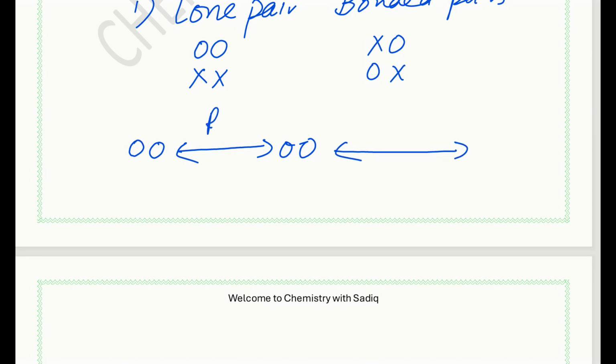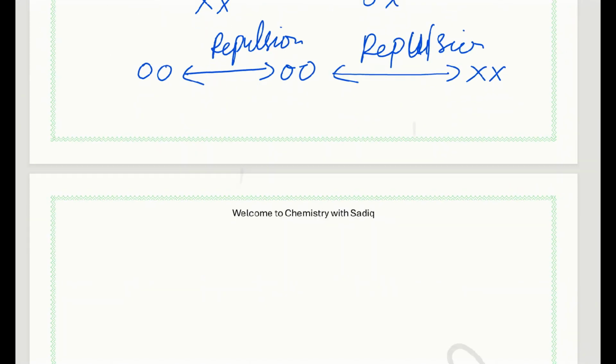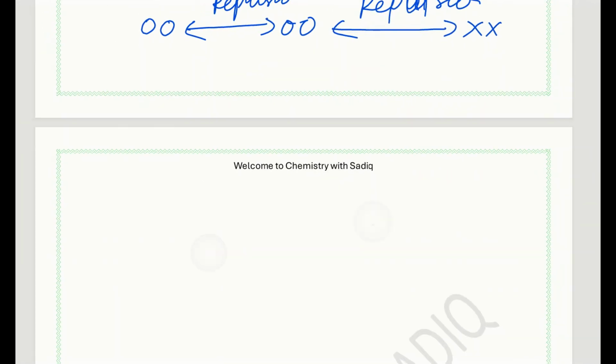This is repulsion and repulsion. This is the first concept that is talking about the repulsion, now this repulsion is going to be a comparison between the lone pair and the bonded pair, and you can see the two-headed arrow is representing the pairs of electrons and the repulsion between them, okay.